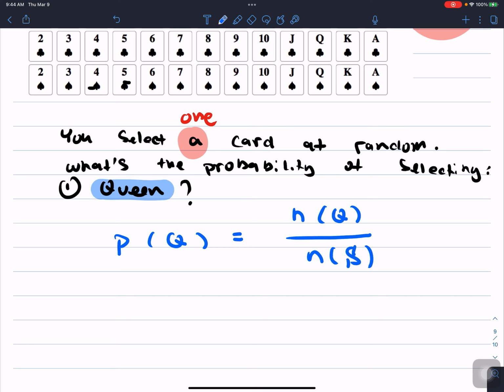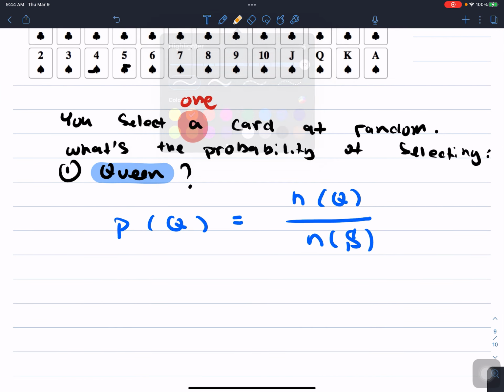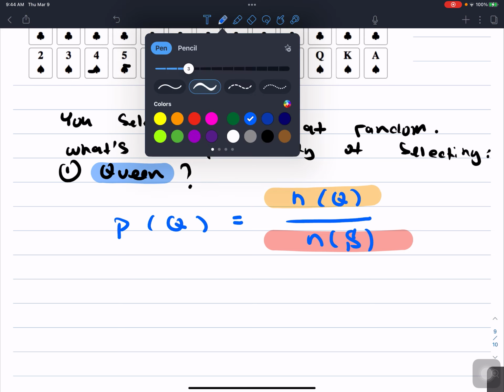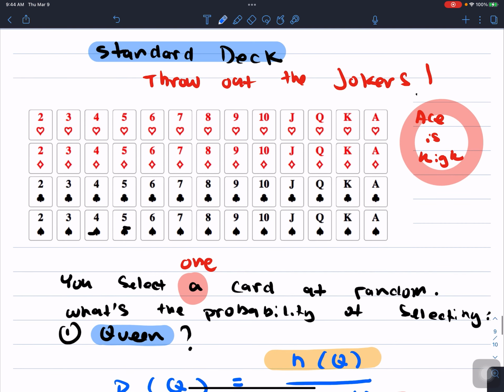Okay? So let's ask you guys this. You need to know two numbers. What are the two numbers you guys need to know? How many queens out of how many cards? Okay? So what do you have to do? You got to count. You got to have two numbers.